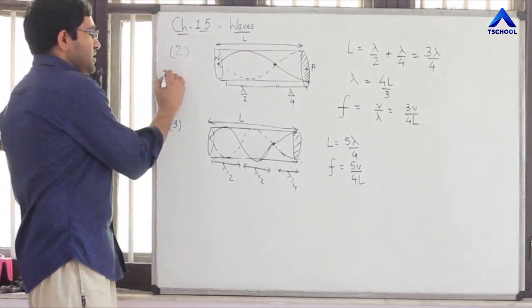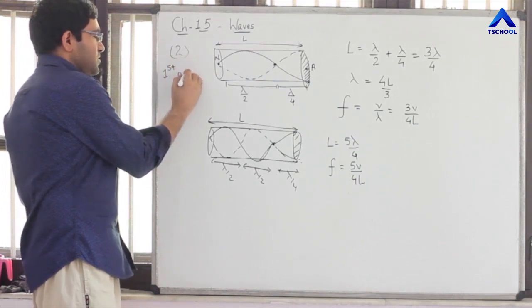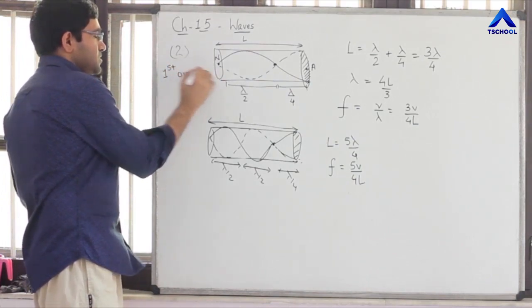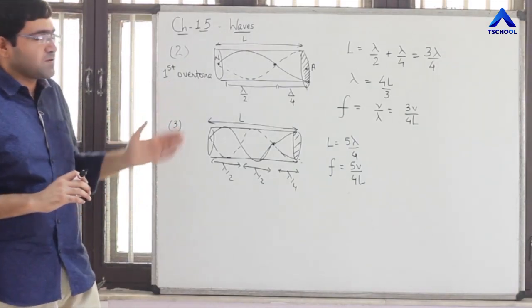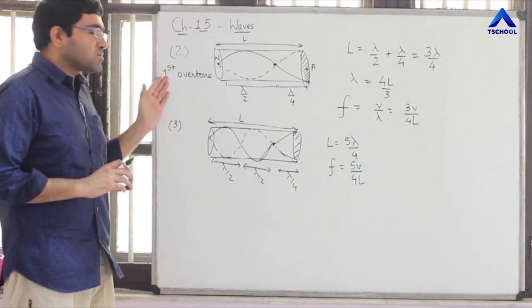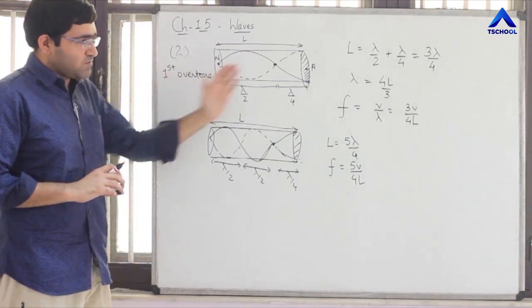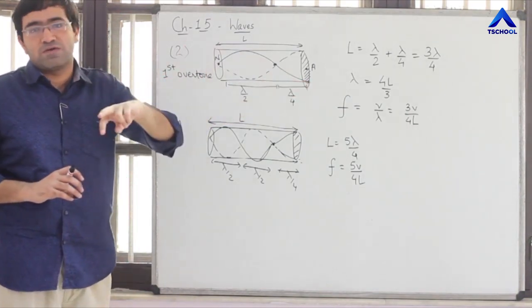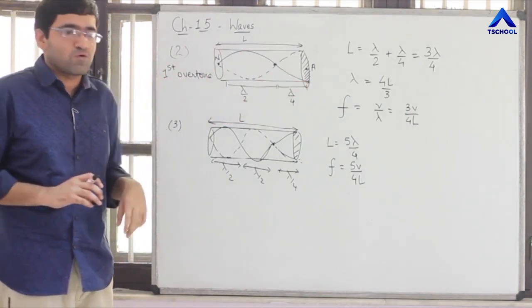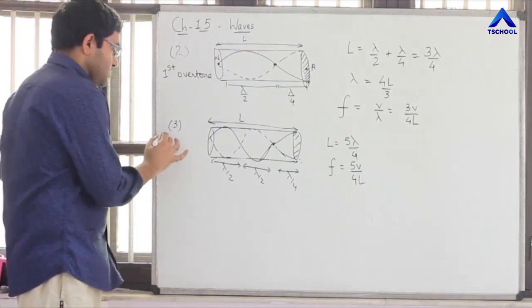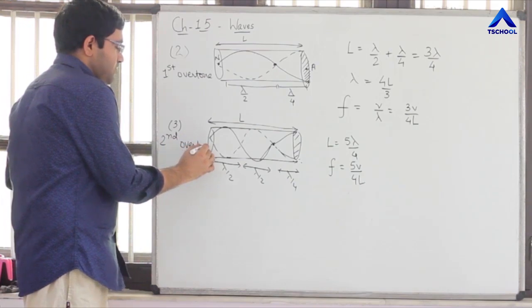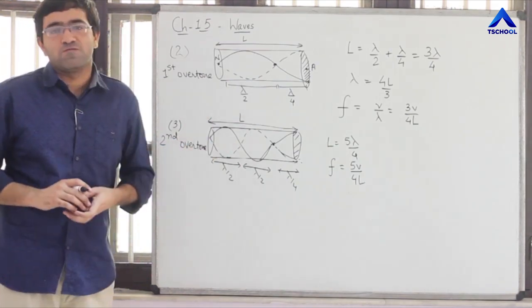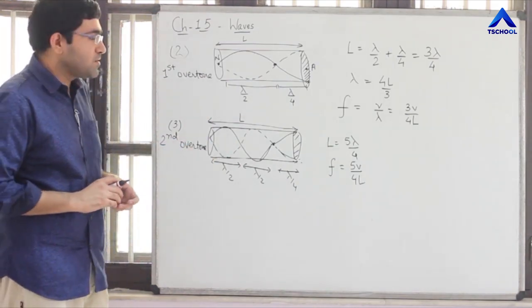As it was the case for strings, we have these nomenclatures for overtones here as well. So this is the first overtone. The first overtone frequency is not 2V by 4L but 3V by 4L, and the second overtone frequency for closed pipe is 5V by 4L.